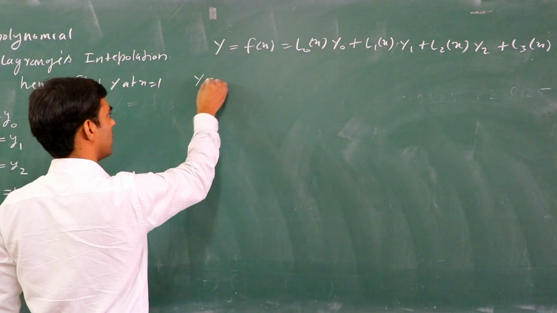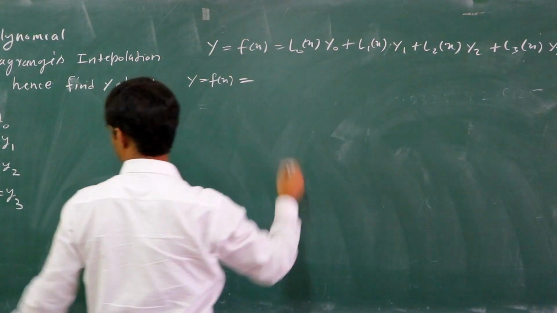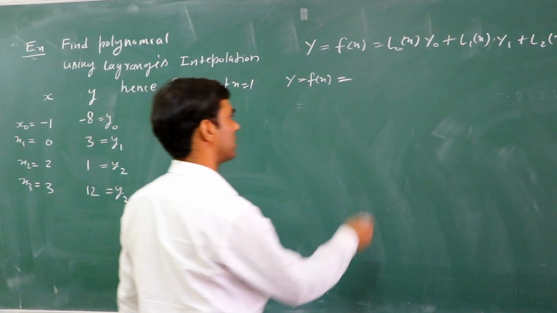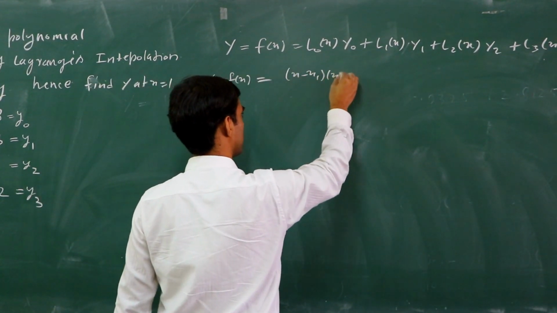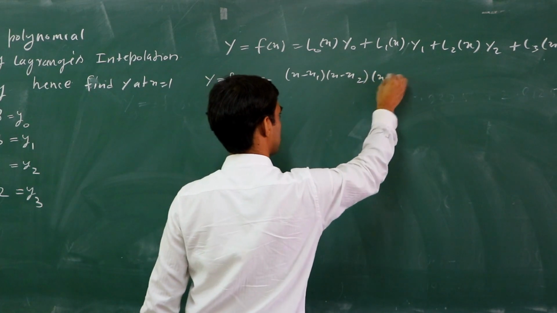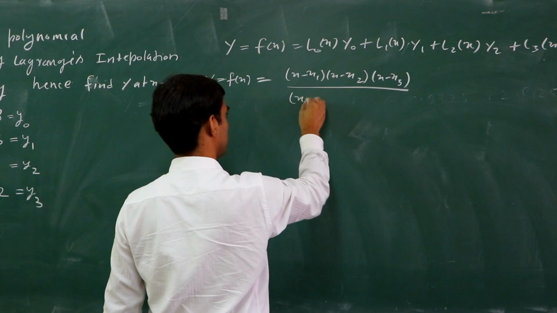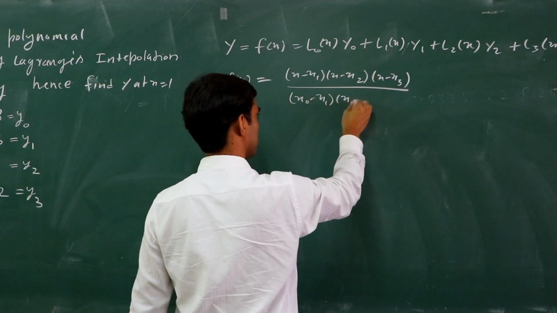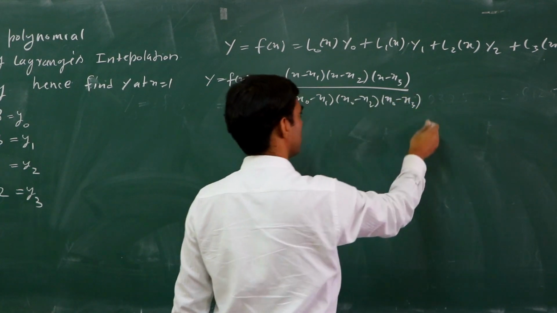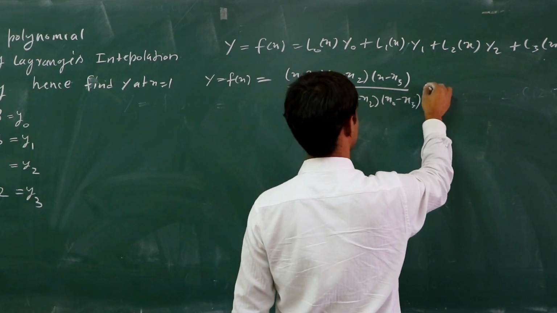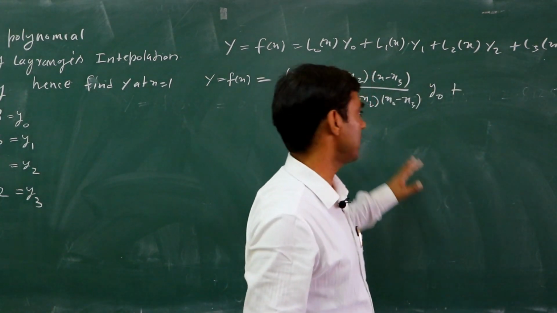In terms of x0, x1, x2, x3, L0(x) is (x minus x1)(x minus x2)(x minus x3) divided by (x0 minus x1)(x0 minus x2)(x0 minus x3), multiplied by y0, plus, similarly we write for L1(x).